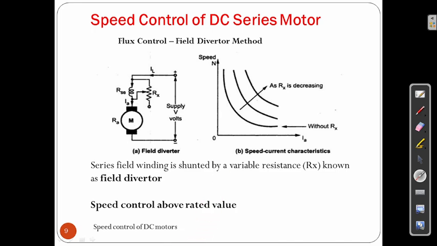In the graph of speed N versus current, the speed decreases as the current increases, with RX decreasing. So we have a divider here, and with that we get a current deviation. From that we can vary the speed of the motor.